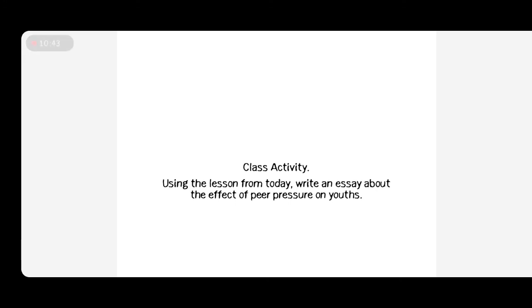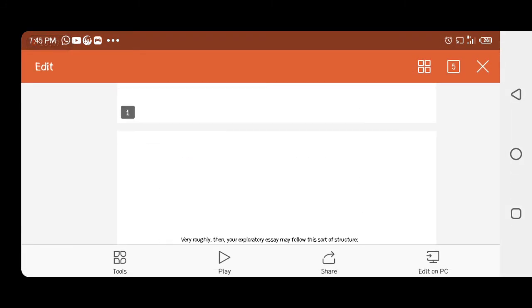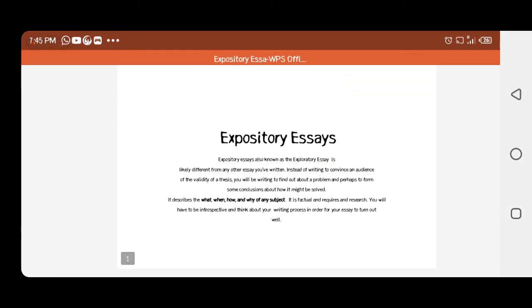I'm going to summarize the class by going to the first slide. If you notice, my first slide is like an introduction that tells you what we're going to discuss. It tells us that the expository essay explores problems and how to solve them, and it basically describes or explores the what, when, how, and why of any subject. Think of those 4.